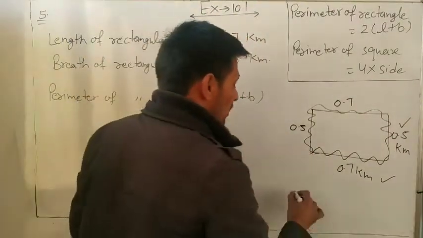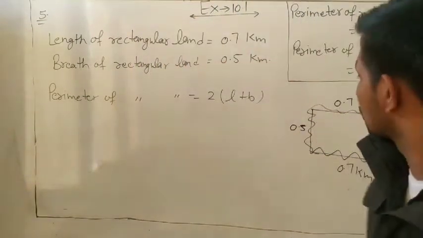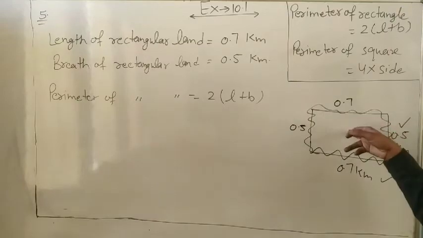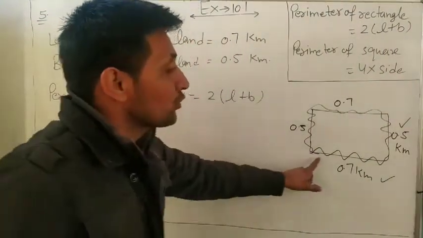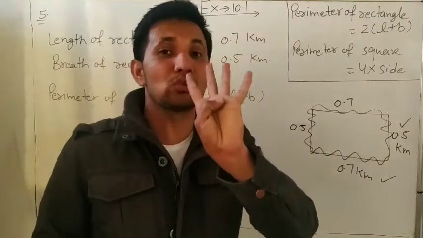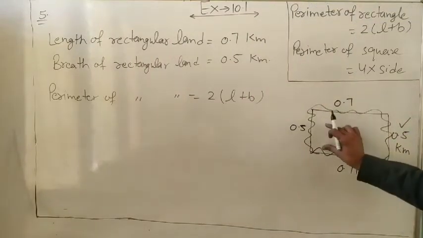One row is one time, so we have to find 4 times the perimeter. Because in the question, every side has to be fenced 4 times. If we fence 1 time, it is the perimeter.